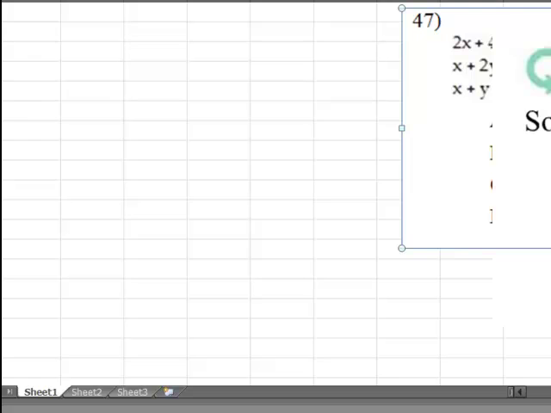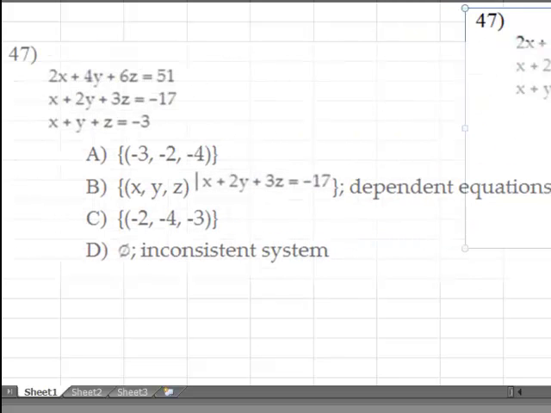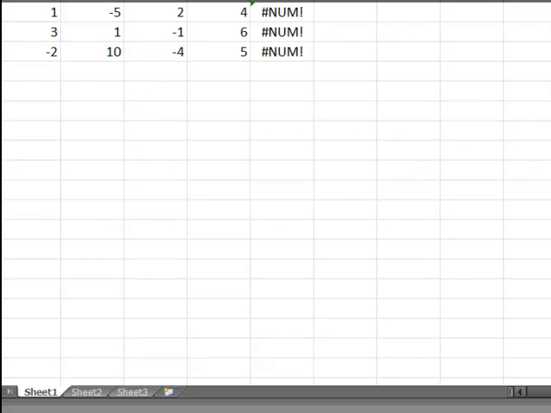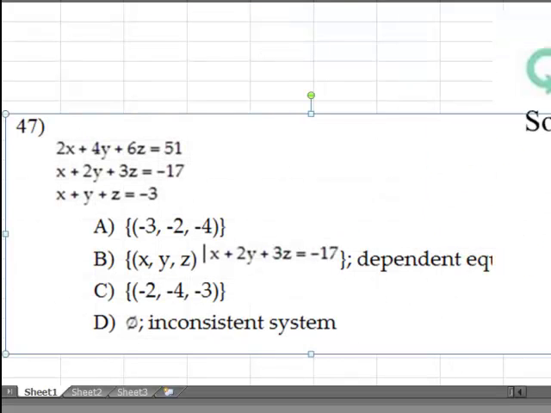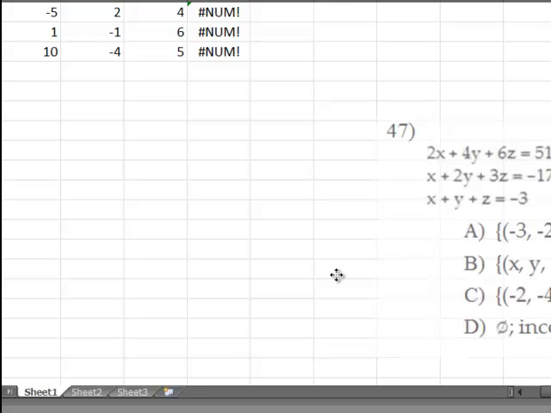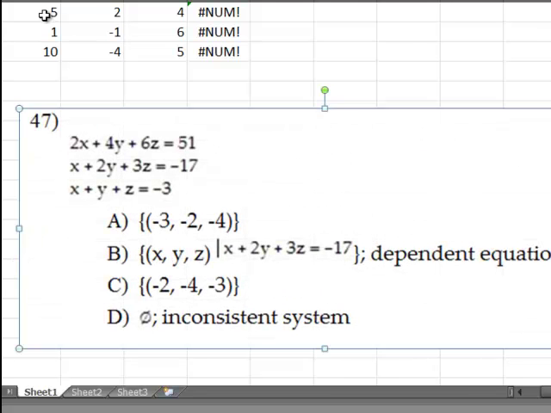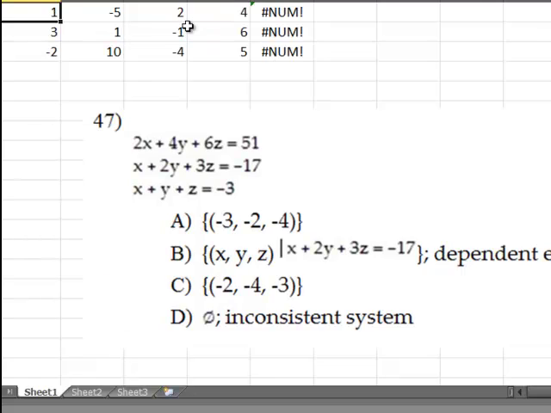Try this one. Okay, so we enter 2, 4, 6, 51, 1, 2, 3, negative 17.